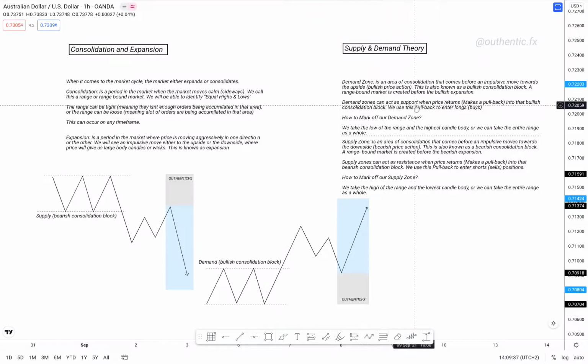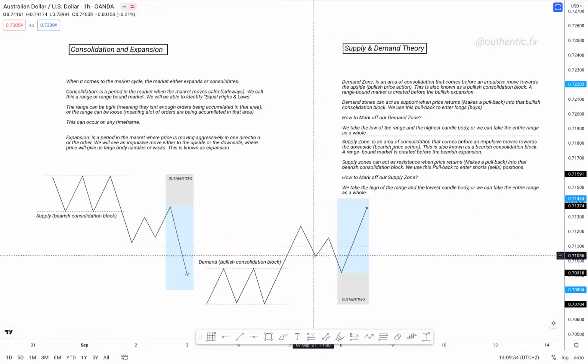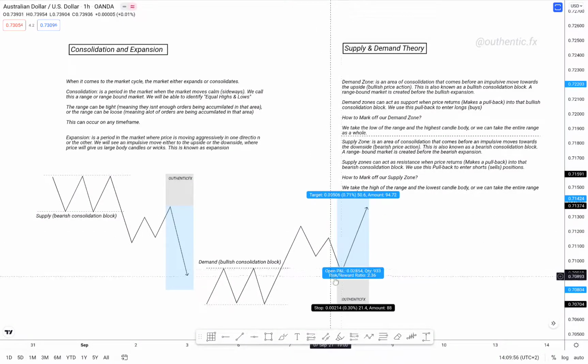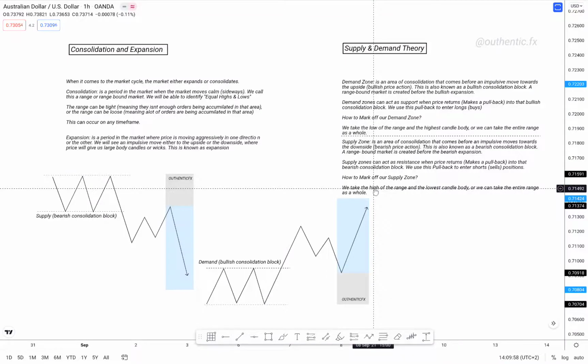Demand zones can act as support when price returns or makes a pullback into this bullish consolidation block. We use this pullback to enter long positions / buys, right? So once we see that clear break of structure to the left, we've broken structure, created a new high. We then need to now see, is price going to create that higher low, and then create a new higher high, right? So price will always come back into the demand zone, guys.